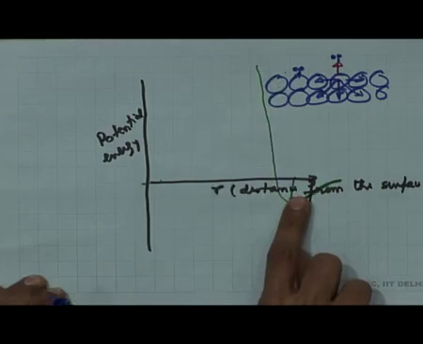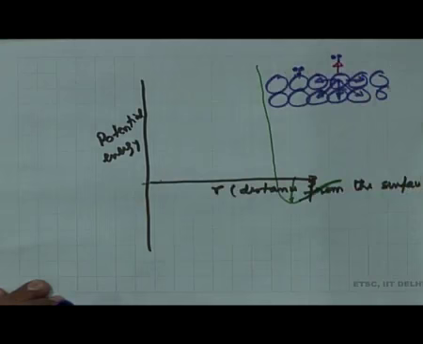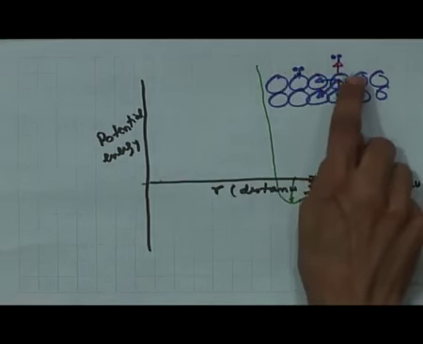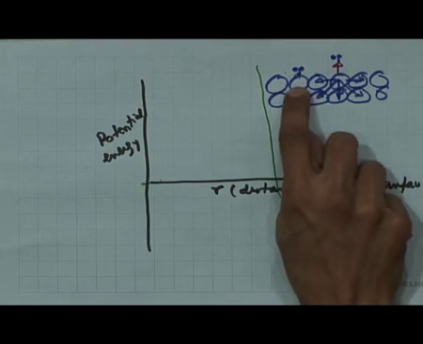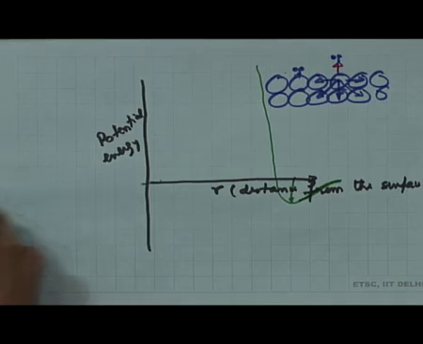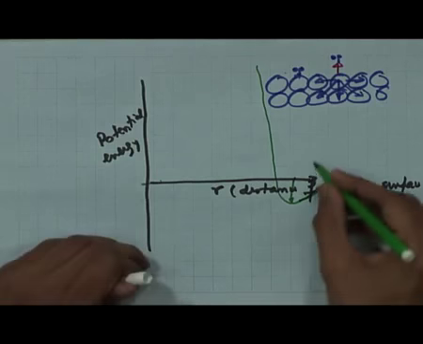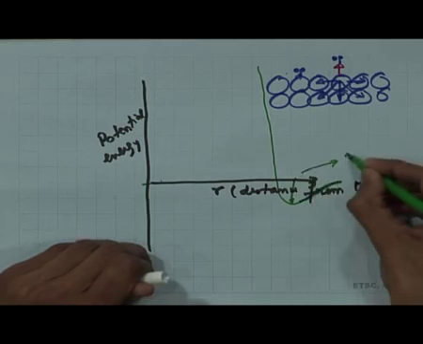So, this is where I have a weak intermolecular interaction between the diatomic molecule and the surface, and the kind of force that we have are simple van der Waals forces. So, this one here is weak van der Waals forces.